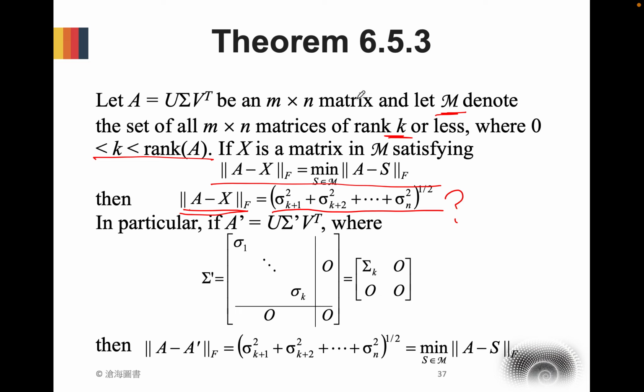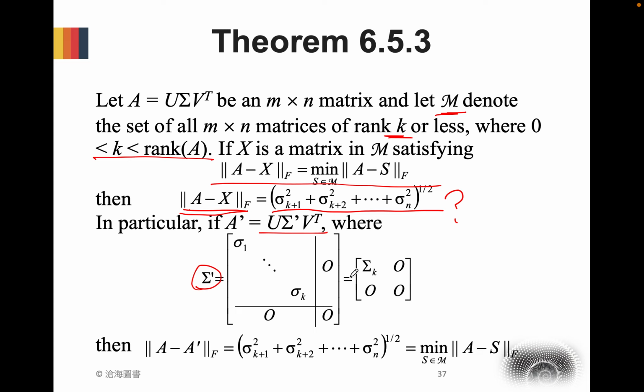Okay, now if we let A prime be U sigma prime V transpose, where sigma prime has sigma 1, sigma 2 to sigma k on the diagonal, and all the off-diagonal entries are 0.